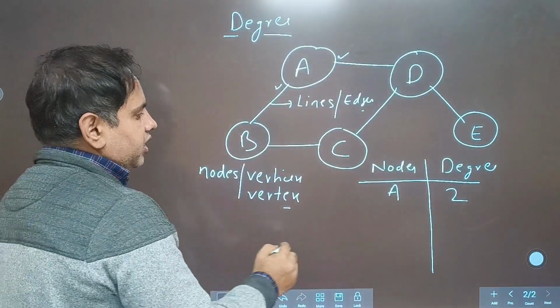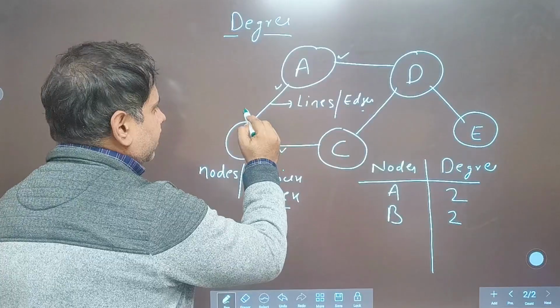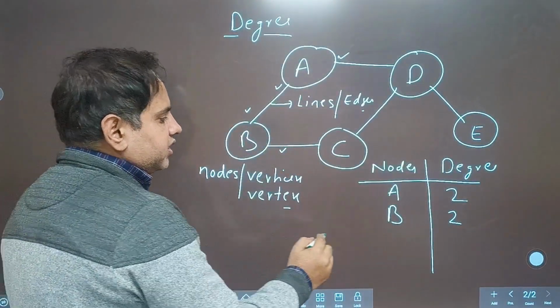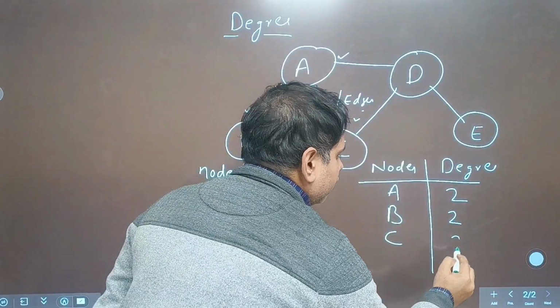The degree of B is again 2, this one and this one. The degree of C is 2 as well.